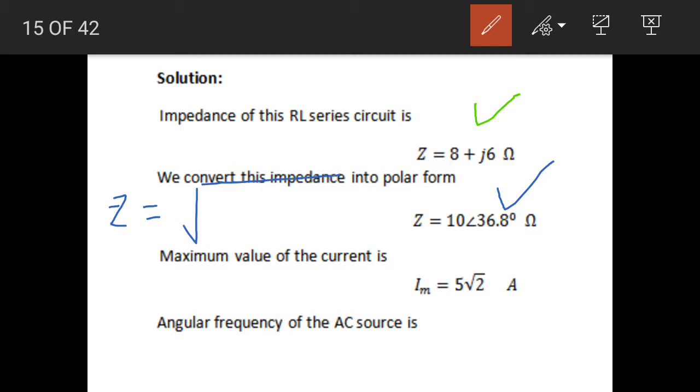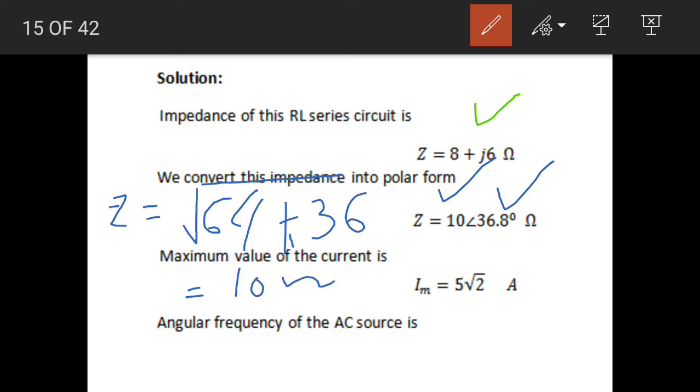We have under root 8 square, which is 64, plus 6 square, which is 36. So under root 8 square plus 6 square gives you 10. So the impedance of this series circuit will be 10 ohm.